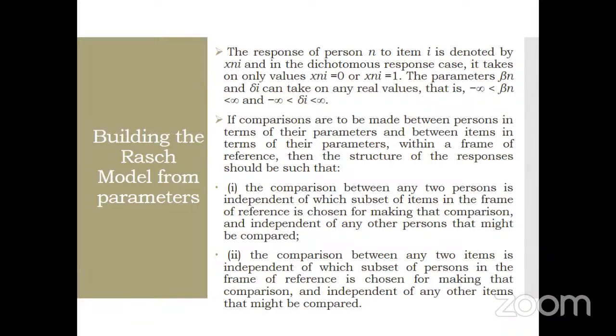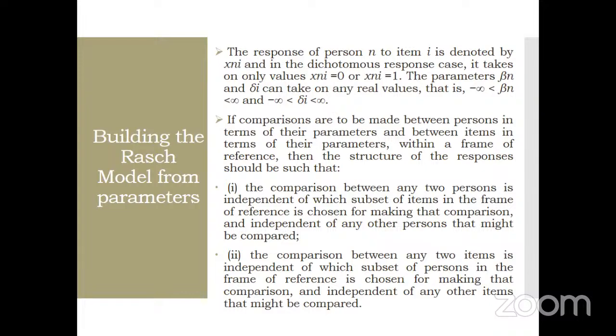So if comparisons are to be made between persons in terms of their parameters and between items in terms of their parameters within a frame of reference, then the structure of the responses should be such that, number one, comparison between any two persons is independent of which subset of items in the frame of reference is chosen for making that comparison, and independent of any other persons that might be compared.